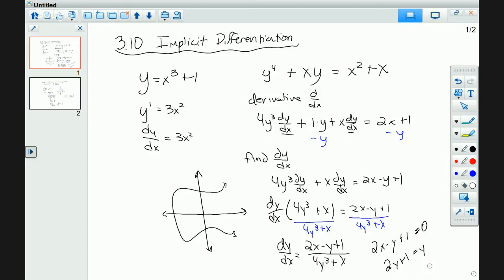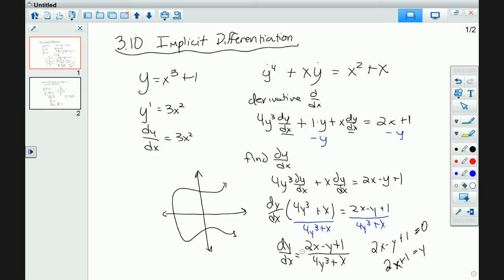And then I put that into the original. So this is y, correct? It's a system of equations. So I would take 2x plus 1, and I would put it in right there, and I would solve for x.